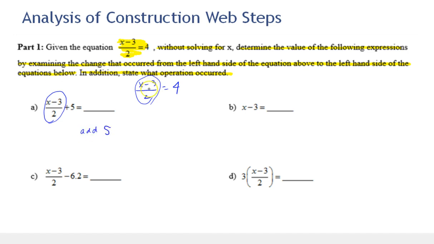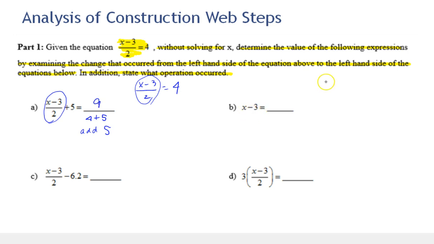And if we added 5 to the left-hand side of this equation, to make this have the same truth value, we'd need to add 5 to the right-hand side. So this right-hand side is 4 plus 5, which is 9. Okay, let's look at the next one.